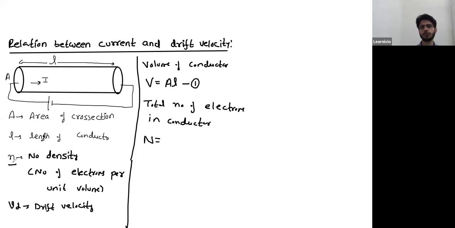A into L into n. It's basically total volume into number of electrons per unit volume. So it's AL multiplied by n. That is equation number 3. Charge on an electron is e.